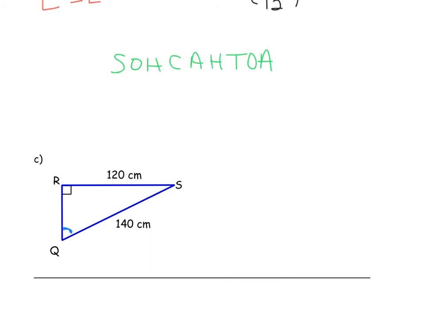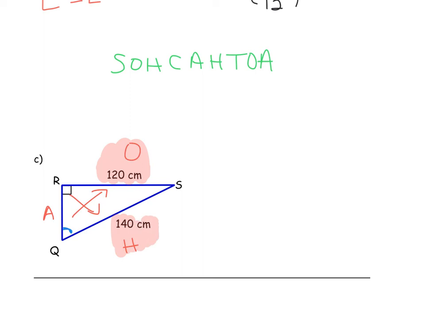All right, so I'm going to take this up. I can see that my hypotenuse is across from the right angle. Here it is. And the side opposite my angle in question, which is Q, is right over here, which leaves the third side as my adjacent side. So when looking carefully at the information that I have, I have information about my opposite side, and I have information about my hypotenuse.